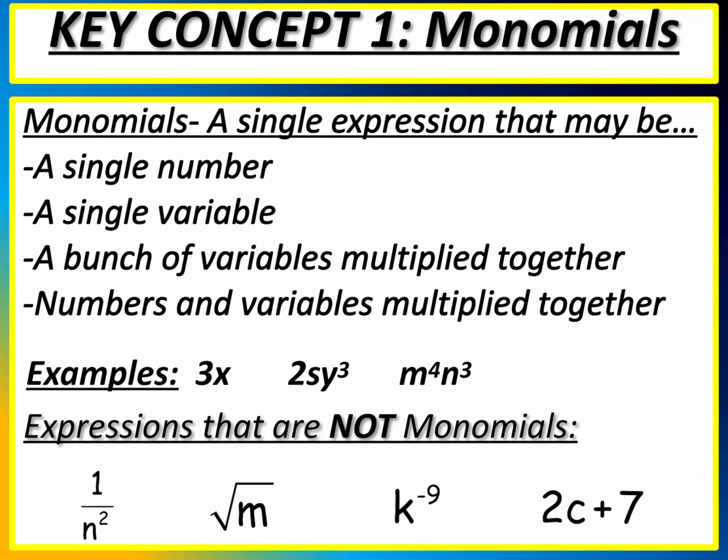There are a couple rules that apply in order for something to be considered a monomial. First things first, we cannot have variables in the denominator. So 1 over n squared, that is a problem. The second rule, we cannot have variables underneath a square root.